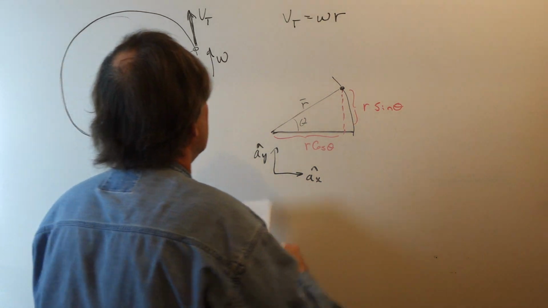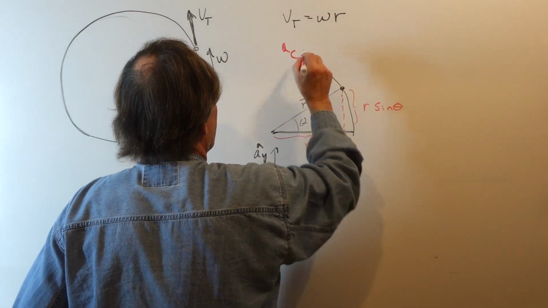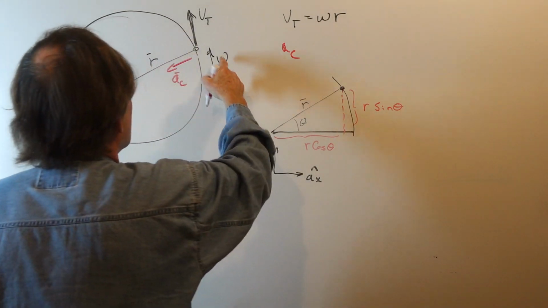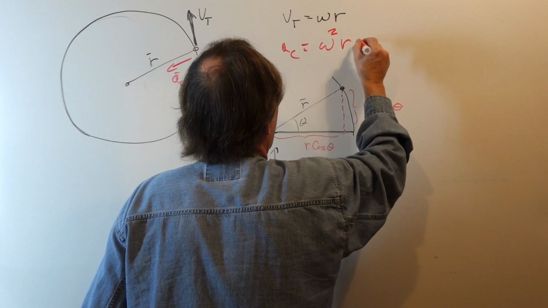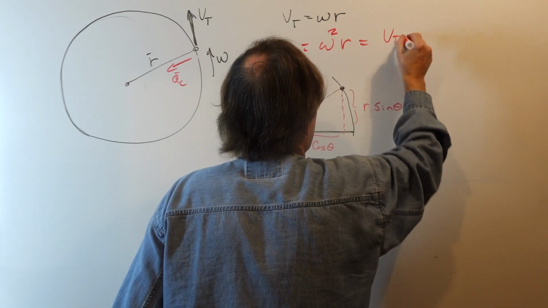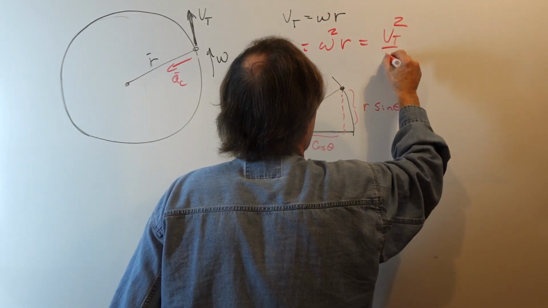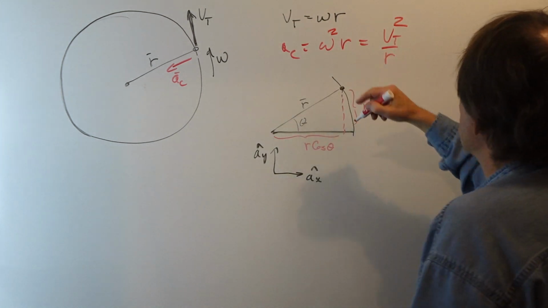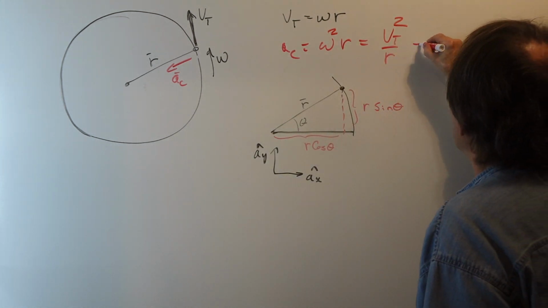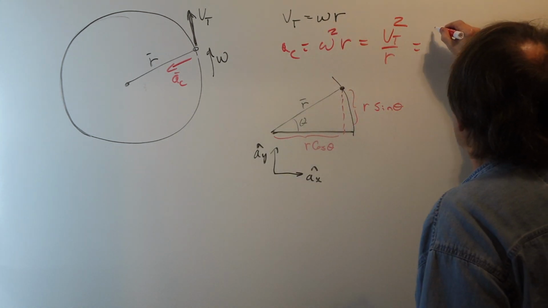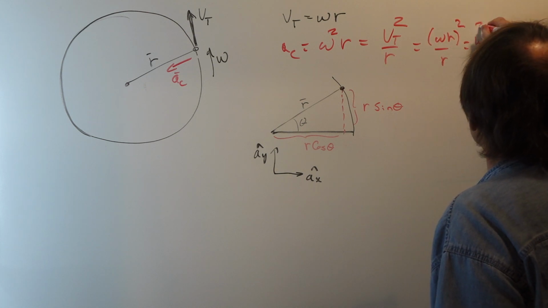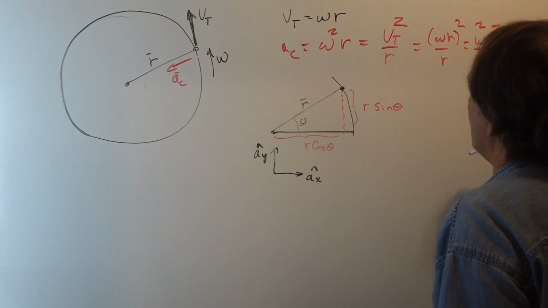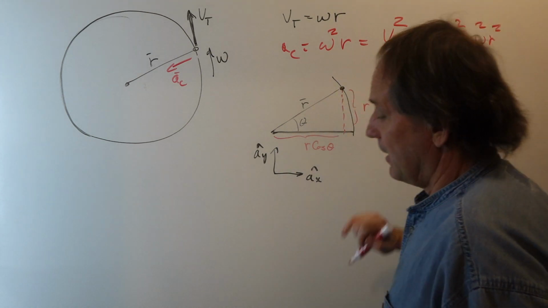And the centripetal acceleration is related to omega and r as omega squared r, which is also the tangential velocity squared divided by r. And you can see that here. If I put in for Vt omega r squared divided by r, I have omega squared r squared over r, which is omega squared r.